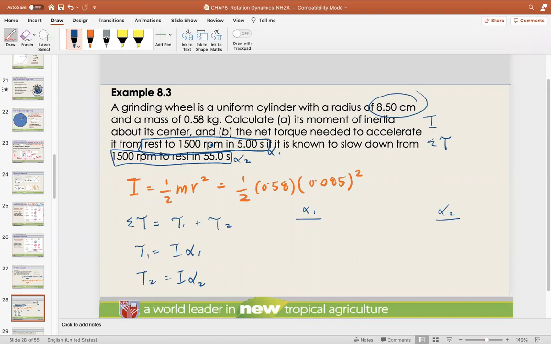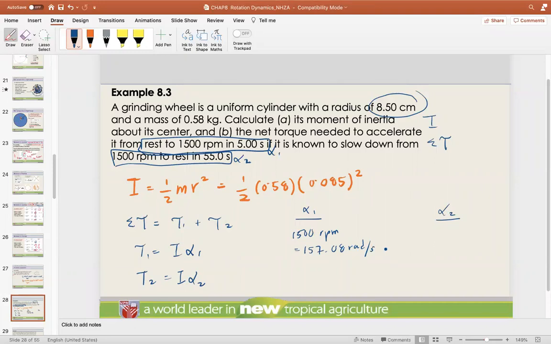Okay, Mion, what is 1,500 RPM here? 1,500 RPM equals 157.08 radian per second. So we already got omega.